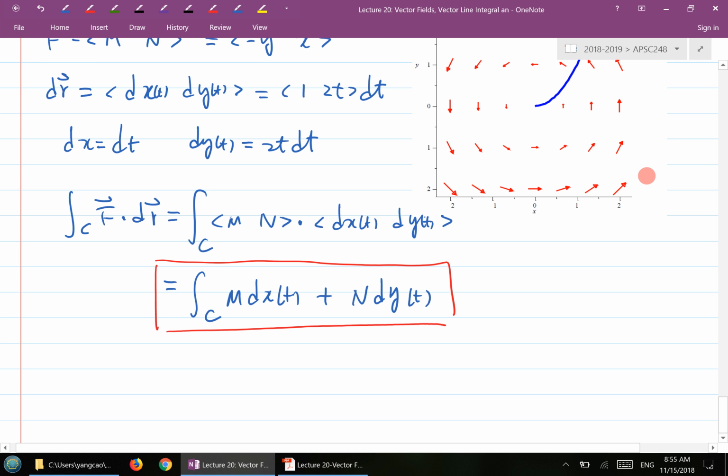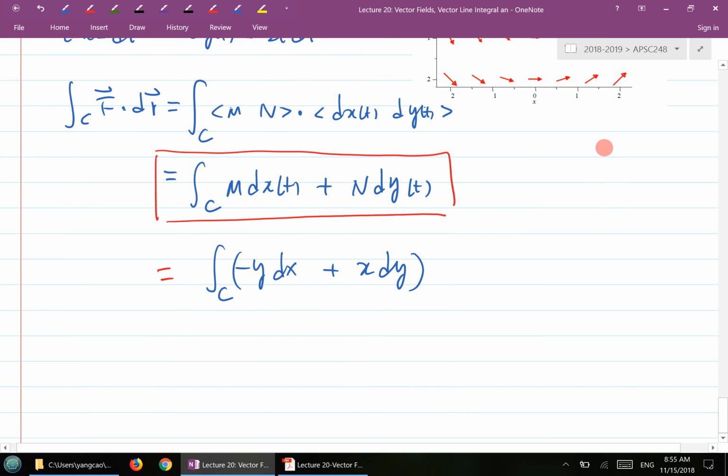So in my case, I can keep writing it here. M is negative y and dx, and then N is x and dy over the curve C.